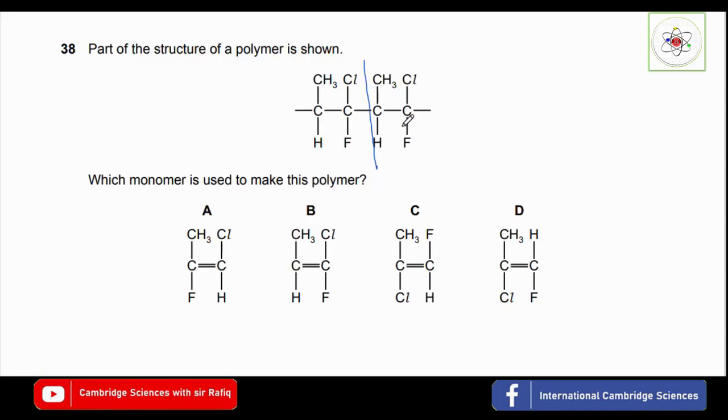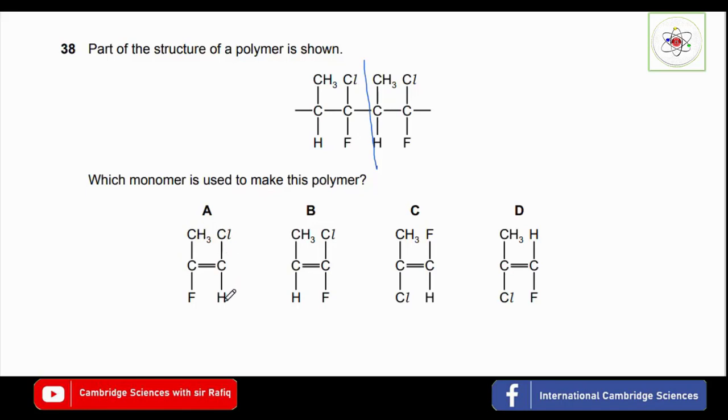Which monomer is used to make this polymer? It's very simple: you make a double bond between the carbons and it will remain the same arrangement: methyl, chlorine, hydrogen and fluorine.